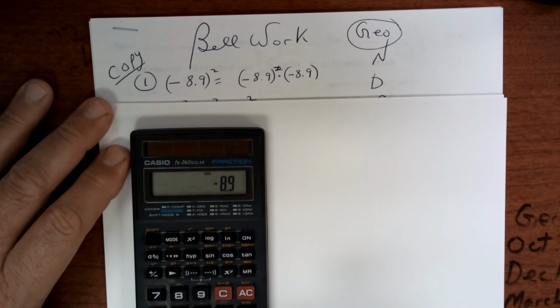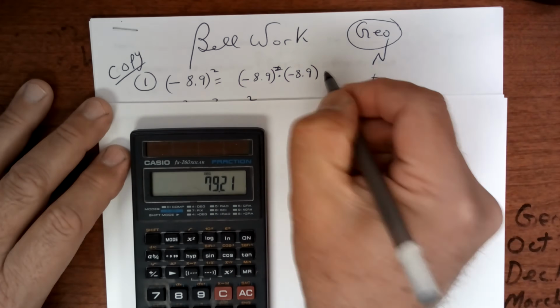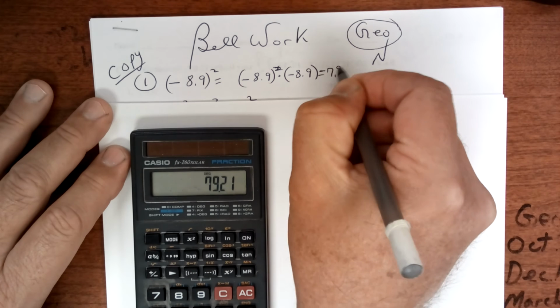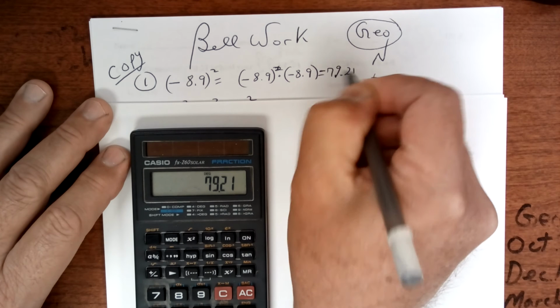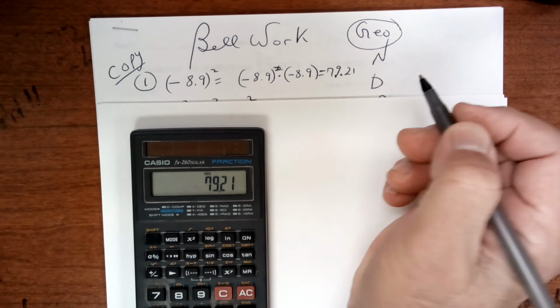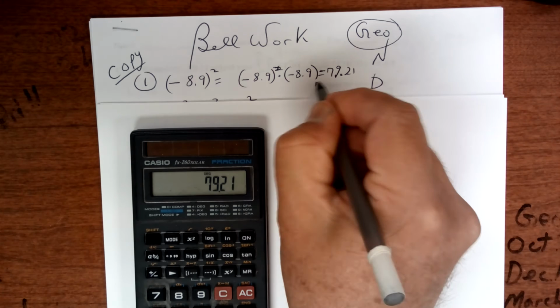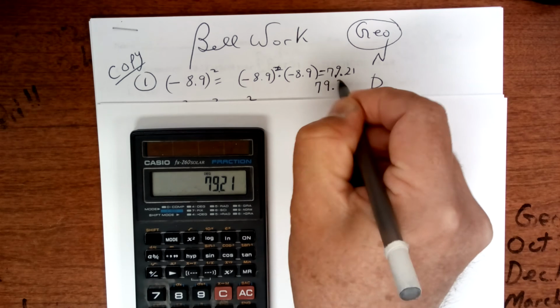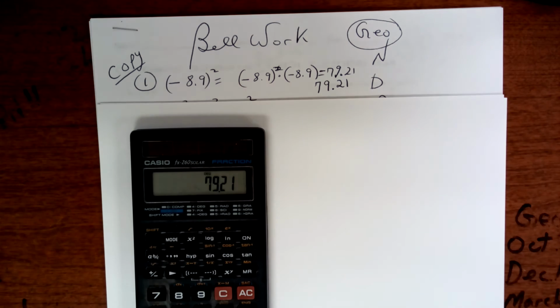It should be a positive. It's going to be 79.21. Okay, 79.21. Okay, well, let's move on.